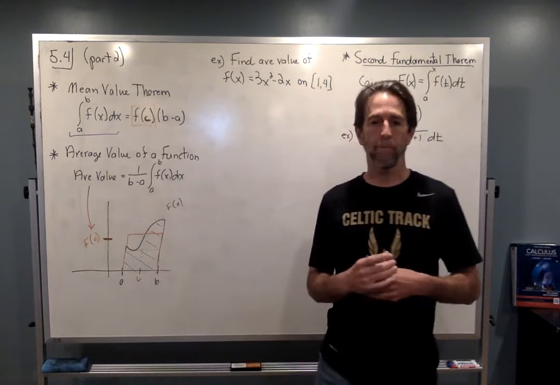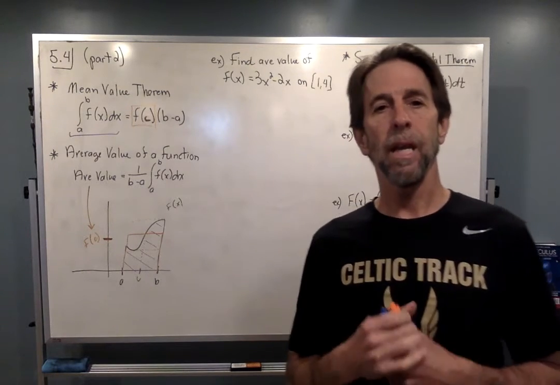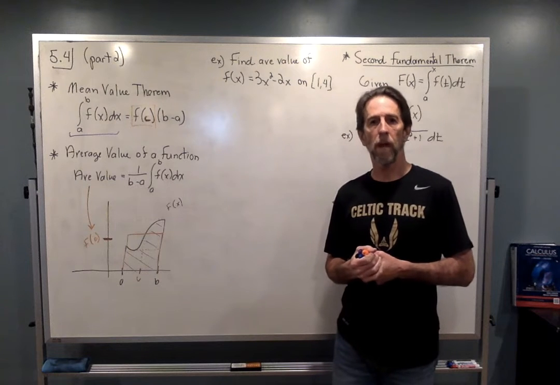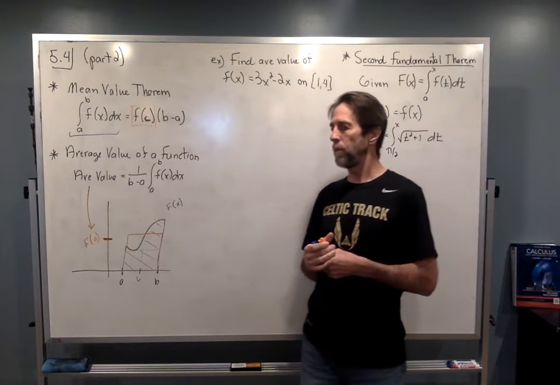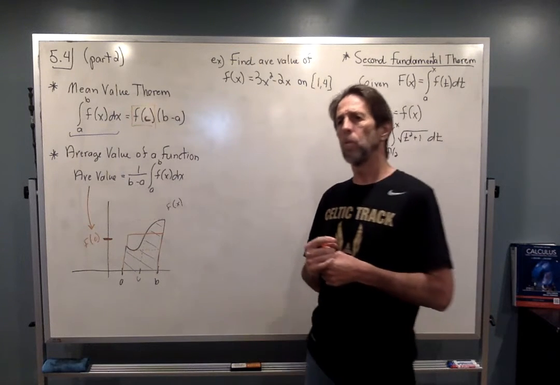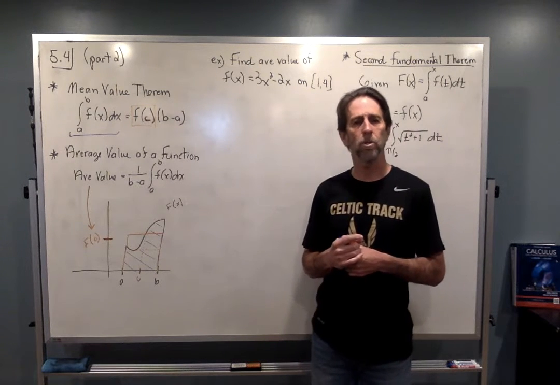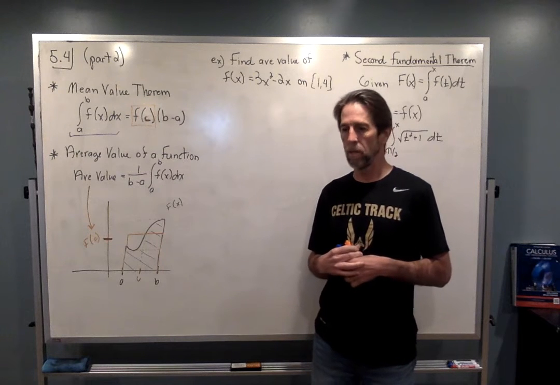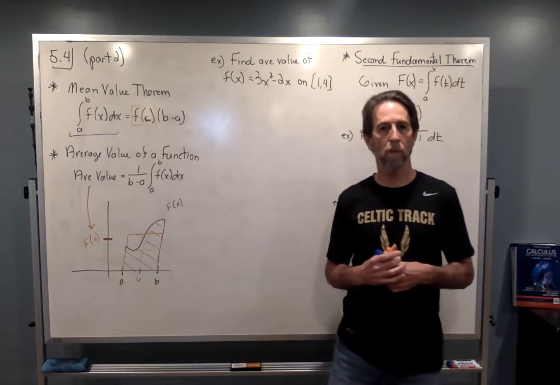Now here's an example. What if you were asked to find the average rain in April? Or the average amount of rain in April? Or maybe this, how about the average temperature in April? Well, we could find the average high temperatures in April very simply by adding all the high temperatures and dividing by 30. We could find the average low temperatures the same way.